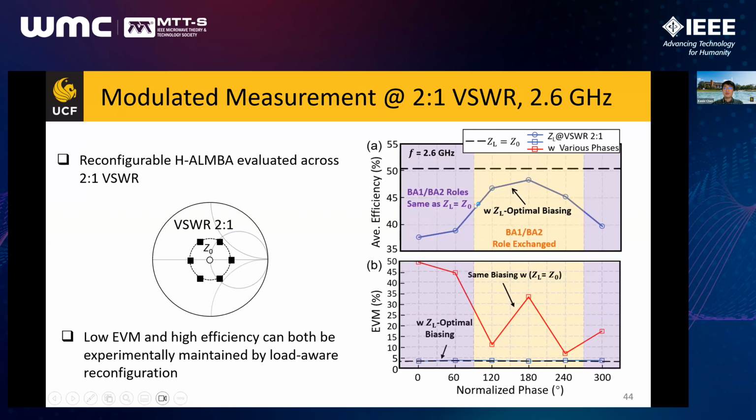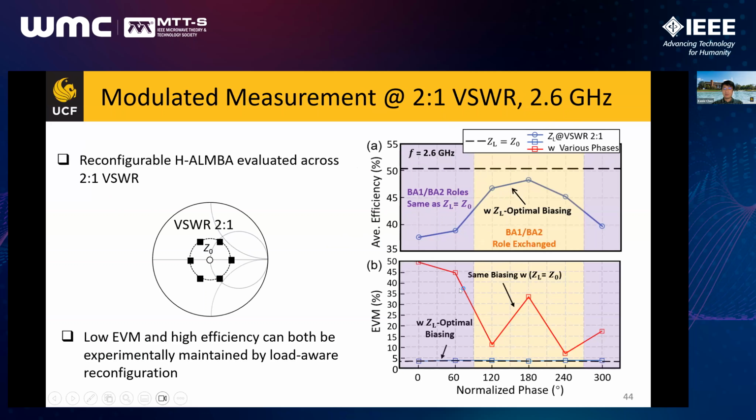And then here I'm showing the modulated measurement across the entire 2-to-1 VSWR mismatch at 2.6 gigahertz. As you can see, when the load is mismatched to 2-to-1 VSWR, the average efficiency can be maintained very close to the matched condition, beyond 50%.